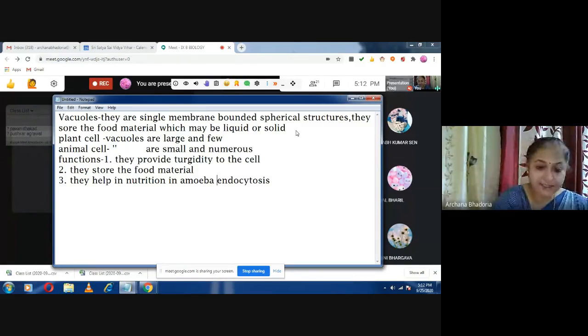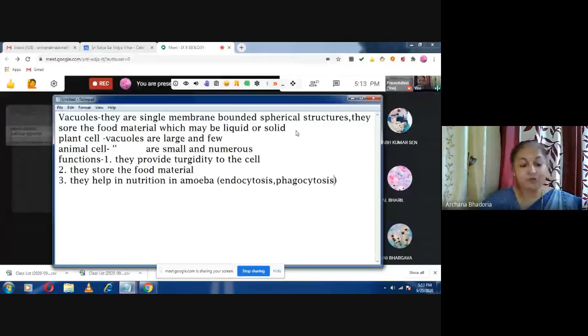That is by endocytosis. We call it phagocytosis also, that is eating. Remember, children, that is phagocytosis. We have studied all this during membrane transport. So you can write down simply that they help in nutrition in amoeba. Food vacuoles, so the vacuoles are helping in nutrition in amoeba.